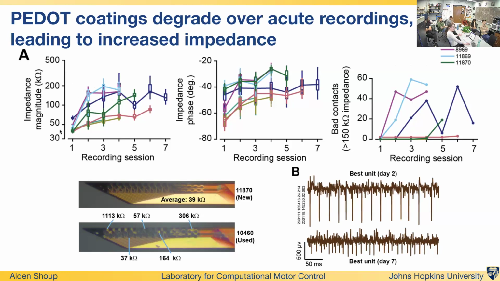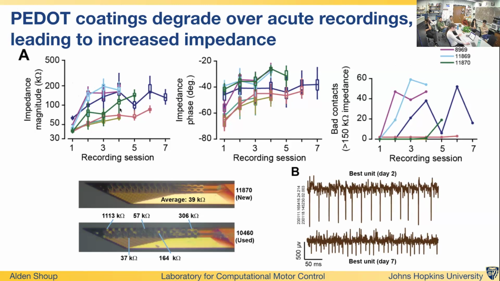So over, in this case, 7 probes that we had a significant number of pre-recording measurements for, we calculated an average of 22% increase in impedance magnitude per day. And this is just to orient you guys to these plots that you'll be seeing throughout the presentation.